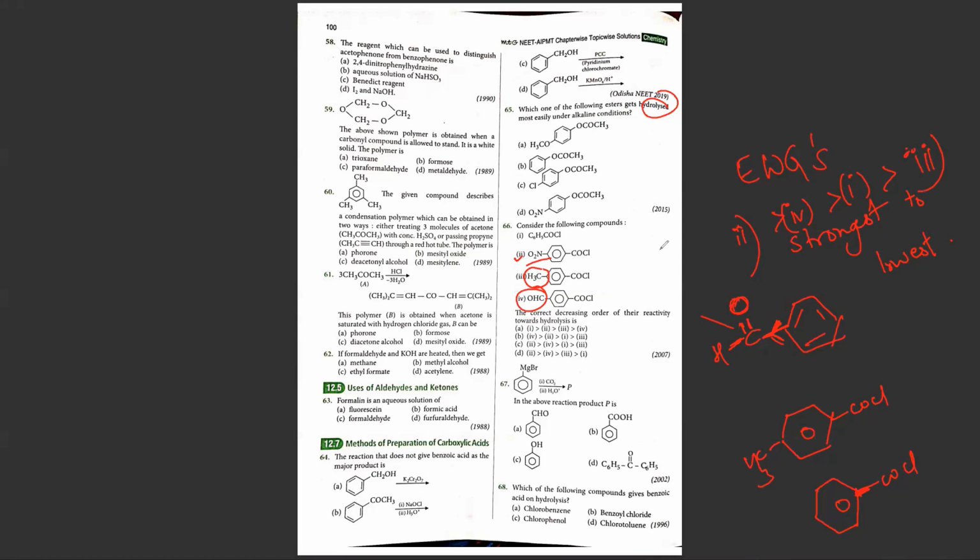So based upon the electron withdrawing groups, you have to write the reactivity towards hydrolysis in decreasing order. Whenever you have an electron withdrawing group, it shows the strongest reactivity. The strongest electron withdrawing group, the nitro group, comes first.